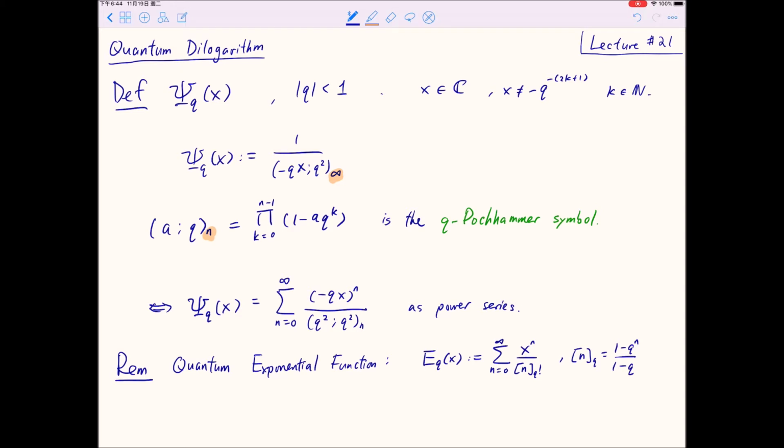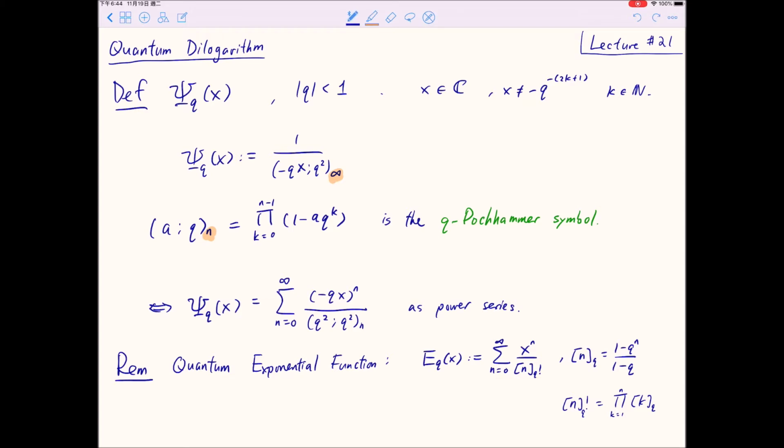It is a quantum version of the number n, because when you take the limit as q goes to 1, this number just goes to n. It's like a q-deformation of the number n, and then the factorial is the standard one, where you multiply the quantum numbers from 1 to n. You can see immediately that this is the q-deformation of the usual exponential function, but instead of n factorial, you introduce the quantum n factorial.